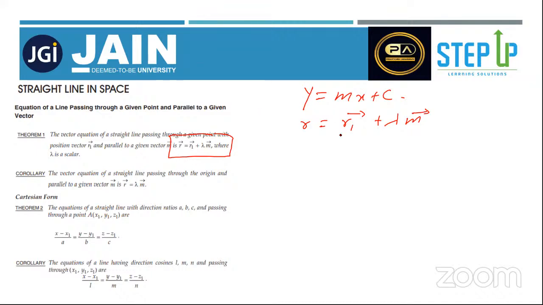So r1 is the position vector and m vector is the given vector.